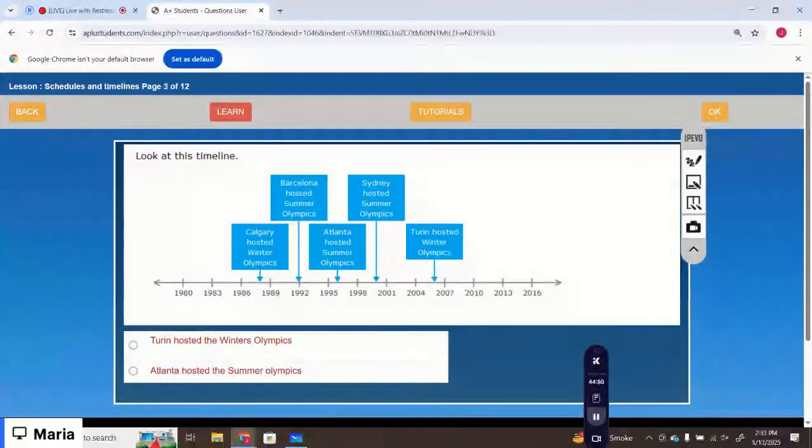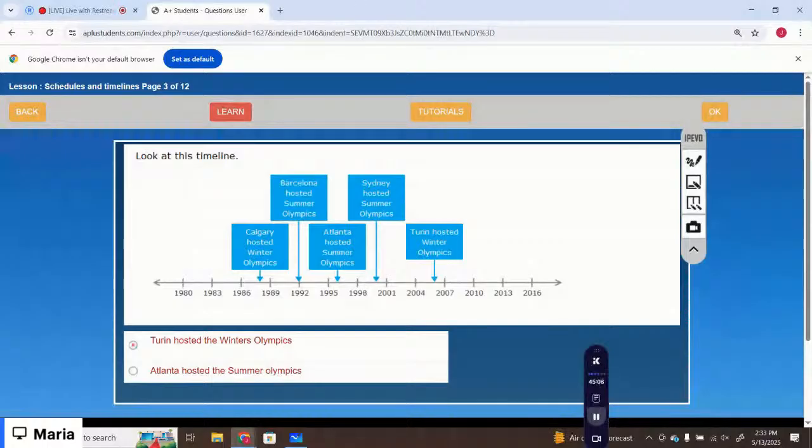Look at this timeline. Did Turin host the Winter Olympics or the Summer Olympics? Winter Olympics. Turin hosted the Winter Olympics.